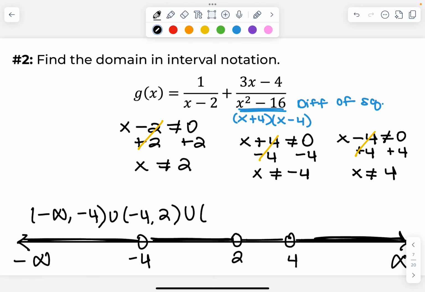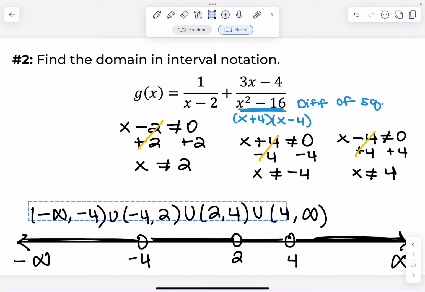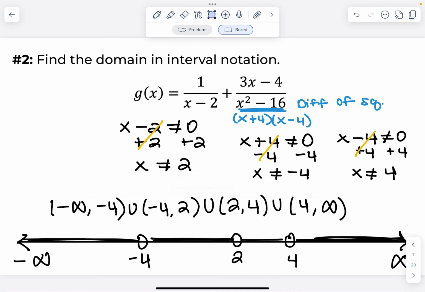And then union, I'm going from 2 to 4. And then I'm doing another union, and I'm going from 4 to infinity. So I had lots of pieces on this one, lots of little stuff going on. So if I think about it, this portion goes with this portion of my number line.